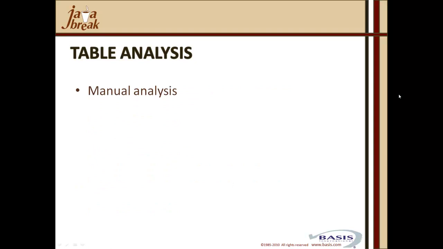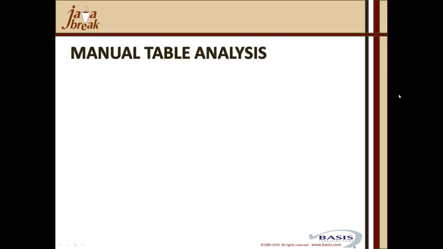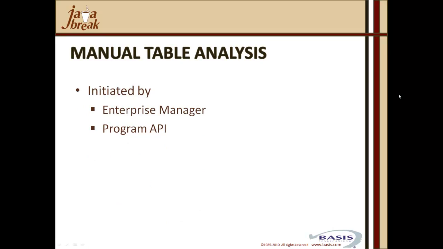So we give you the ability, as we have in the past, to do a manual analysis of a table. But we've now added the ability to do automatic analysis. So let's talk about those two different approaches. The manual analysis can be initiated from within the Enterprise Manager, and now new to BBJ 10, we've given you a program API, the admin API, to be able to kick off a table analysis from within your own utility programs.